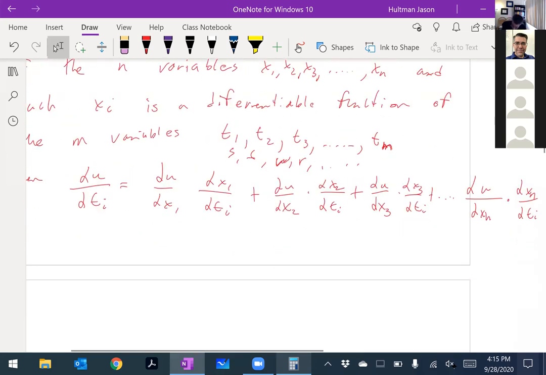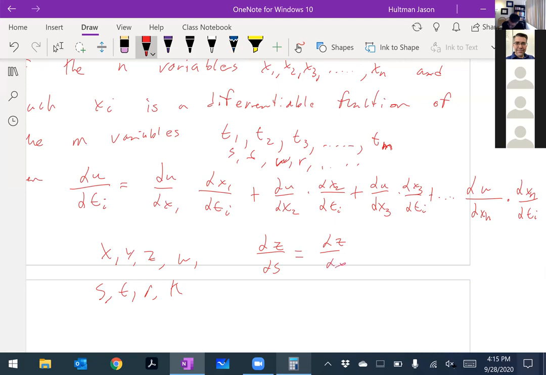So say you have x, y, z, w as your upper variables, and you have, say, s, t, r, and k as your lower variables, then how are you going to find dz ds? Well, this is going to be dz dx times dx ds plus dz dy times dy ds plus dz, I guess I can't do z, let's do u.